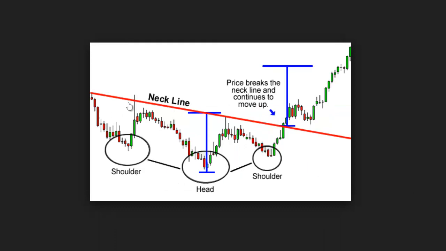Here's another little example: neckline breakout. In this case, it's a downward channel, and again the right shoulder being put in here, and the breakout of the channel line and the measured move up here.